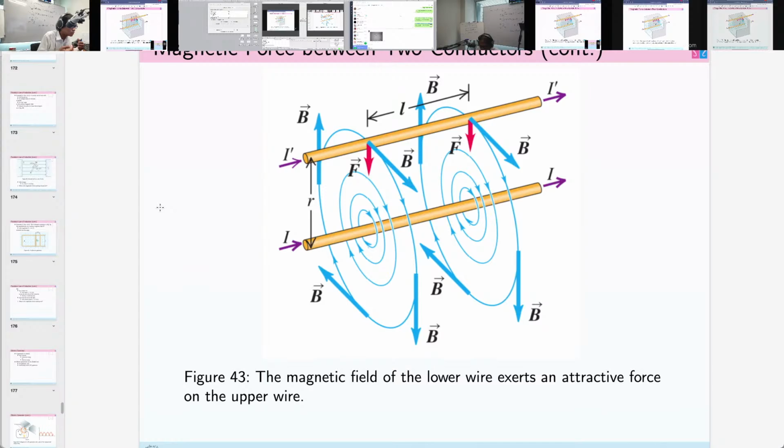We are now talking about slide page number 96, and it's the topic of magnetic force, actually magnetic forces between two conductors. You will see at the end that both forces have the same magnitude.